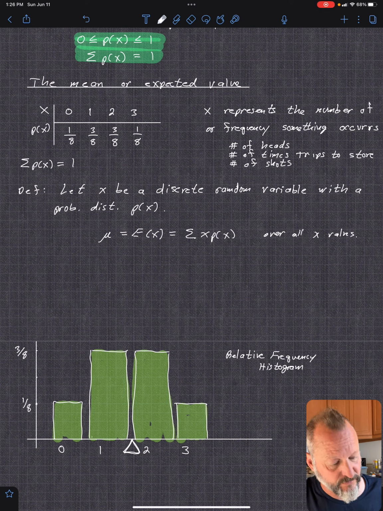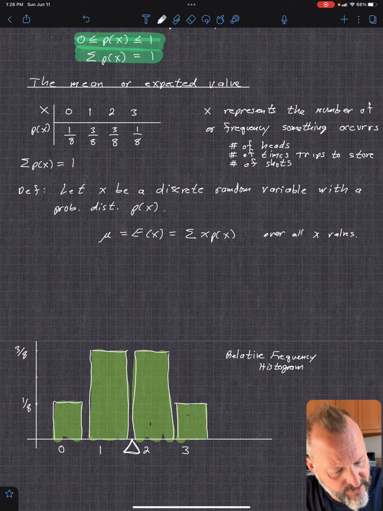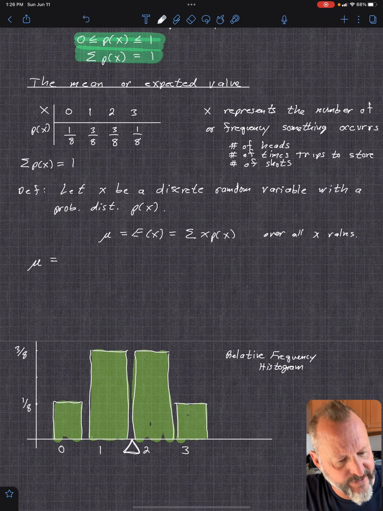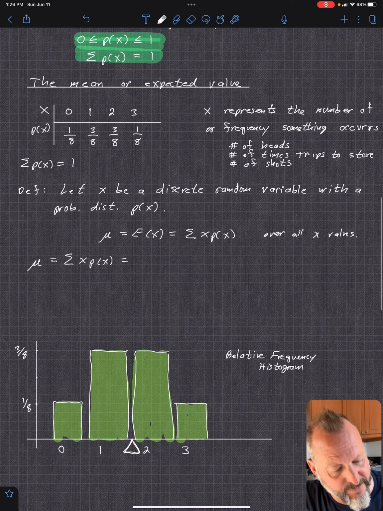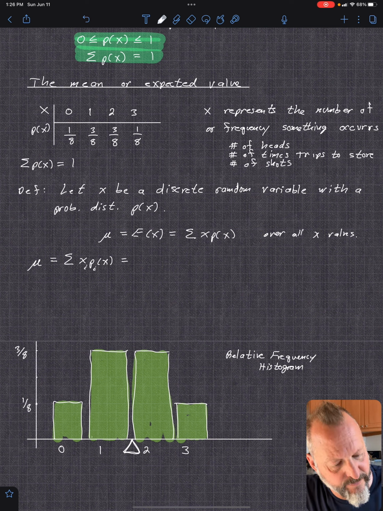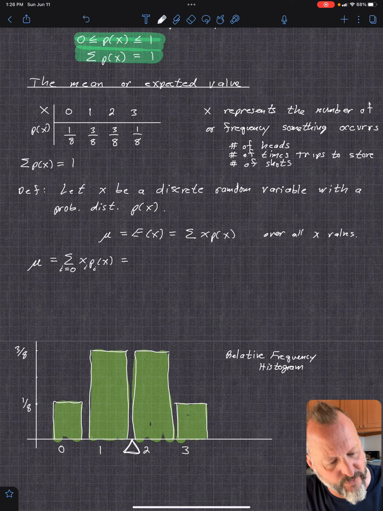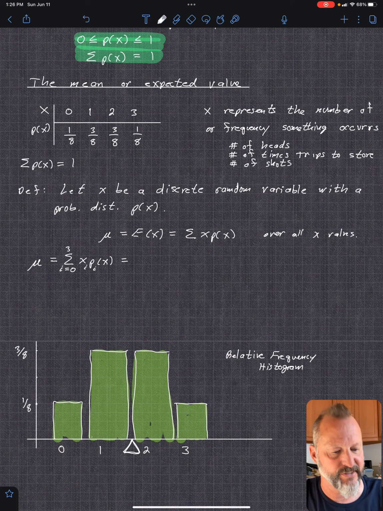So let's calculate the one above. We have mu equal to the sum of x P of x. We could put i in there this time, and i goes from 0 to 3. So now it represents those values.